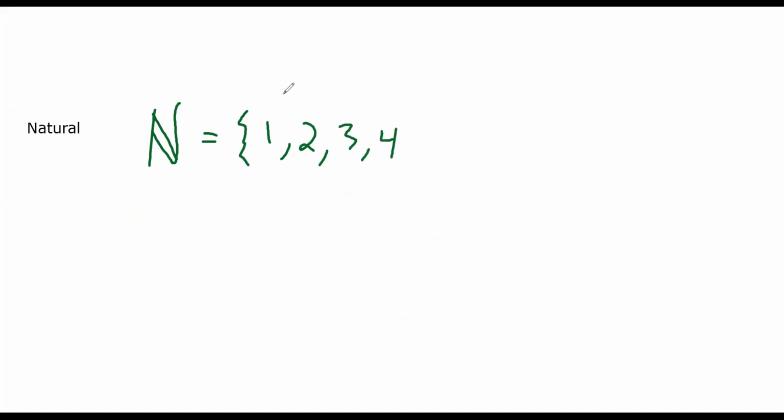The natural numbers have this weird little symbol. It's like an N, but there's a little gap here. So these are the natural numbers, which are just all the positive whole numbers. 1, 2, 3, 4, 5.